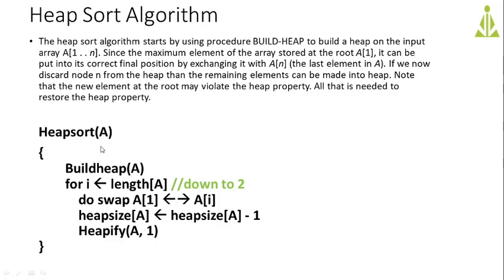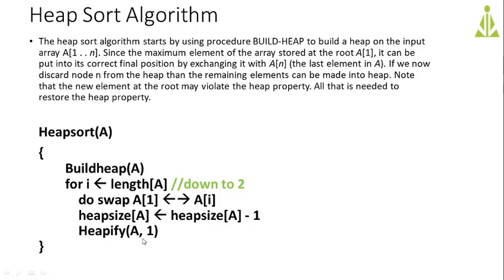Heap sort of A: build heap A, for i equals length of A, do swap. When A.length is i, swap A[1] with A[i]. If both are equal, then heap size of A is heap size of A minus 1.